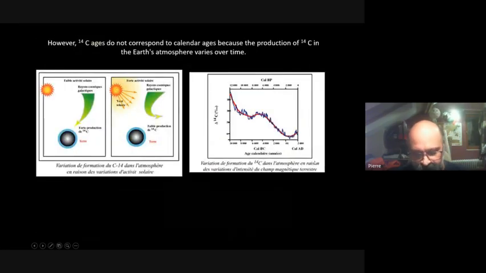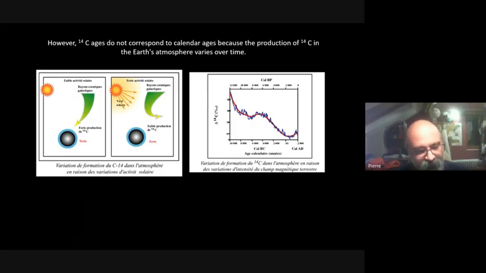Another problem with C14 is the production of C14 in the atmosphere. It is not constant in time. It evolves in relation with the solar wind, and also in relation with the evolution of the magnetic field.